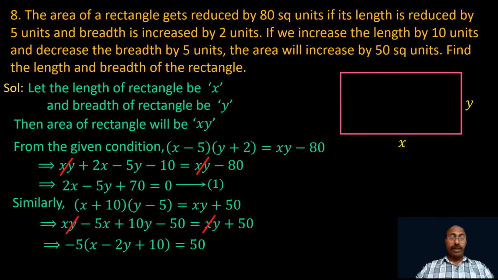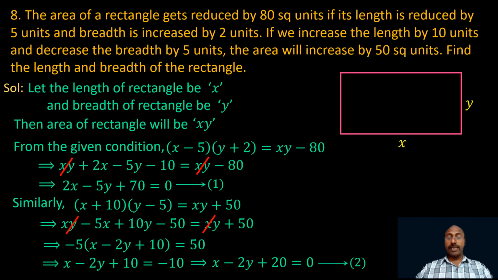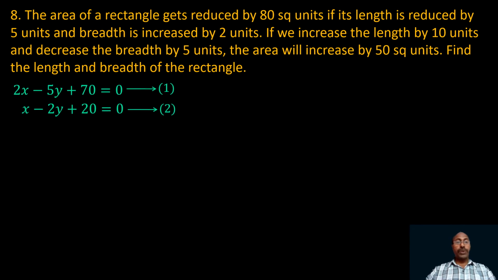And if we transfer this minus 5 to the right side and divide 50 by minus 5, we get minus 10, and this equation becomes x minus 2y plus 10 plus 10, that is x minus 2y plus 20 equal to 0. This is equation 2. So now the equations we have are 2x minus 5y plus 70 equals 0, and x minus 2y plus 20 equals 0.